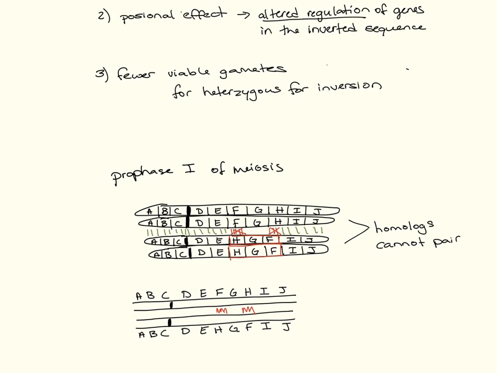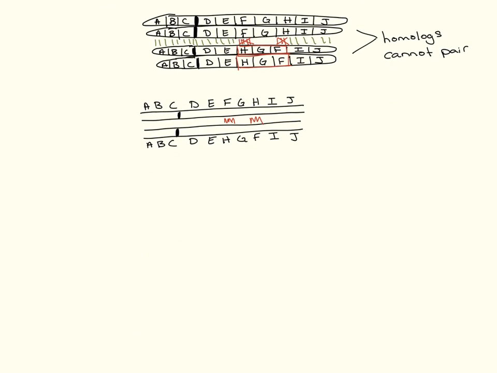So what's going to happen is the chromosomes will organize themselves in a way that allows pairing to occur. And they do this by forming a loop, which is called an inversion loop. So if we take just the normal chromosome here, what it's going to do is that region that can't pair up, it's going to form a little loop. And if we draw in the sister chromatid with it.